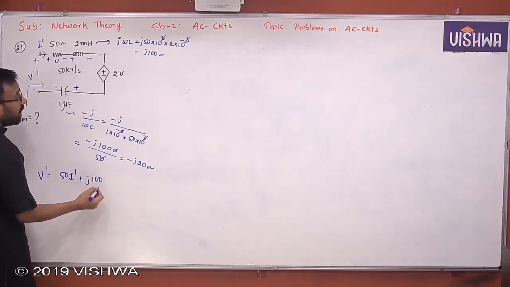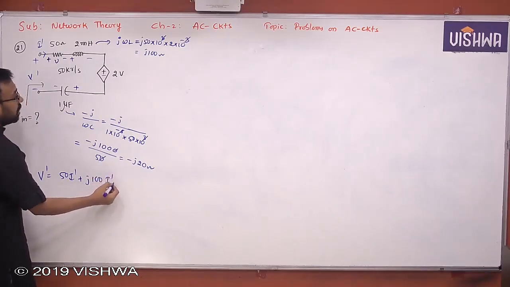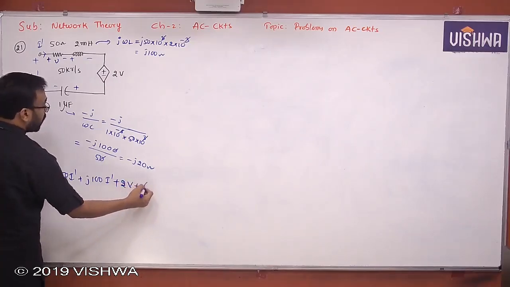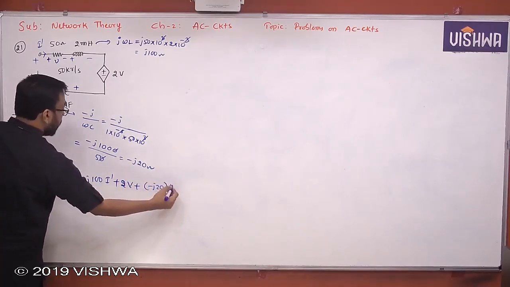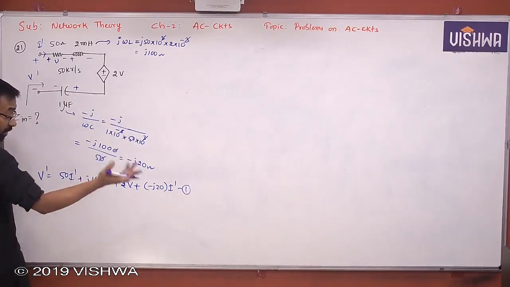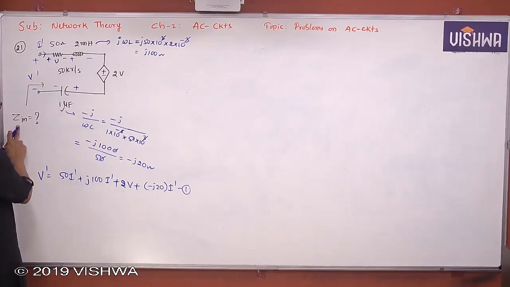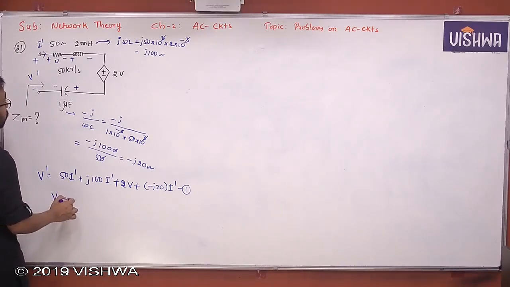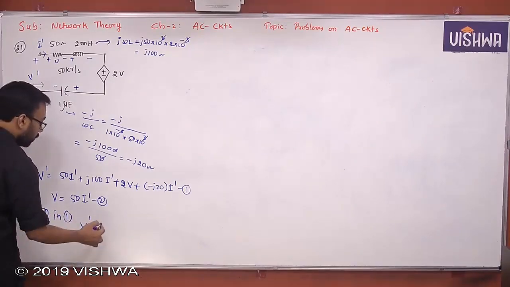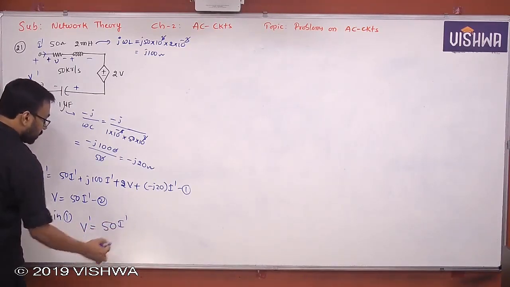So V dash is equal to 50 I dash plus j100 into I dash plus 2V plus minus j20 into I dash. This is equation 1. But you need to eliminate V from this so that you can express V dash is equal to something into I dash, and that something is nothing but Zn, right? So substitute here, V is equal to 50 into I dash. So 2 in 1, you get V dash is equal to 50 I dash, clear?